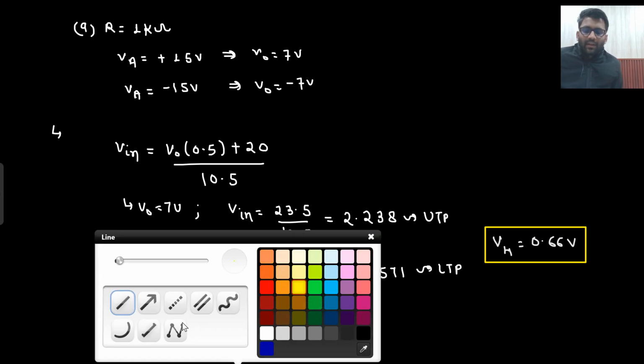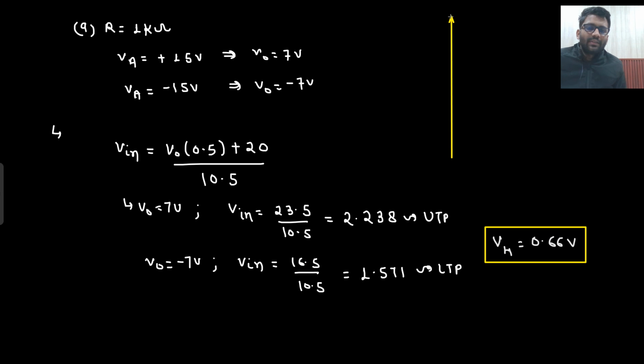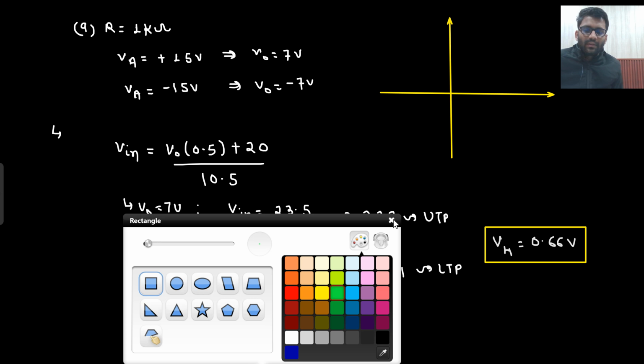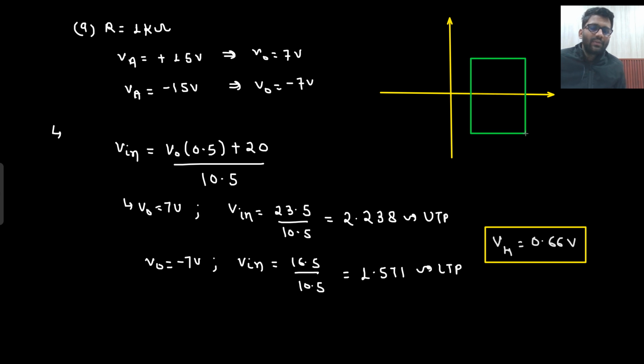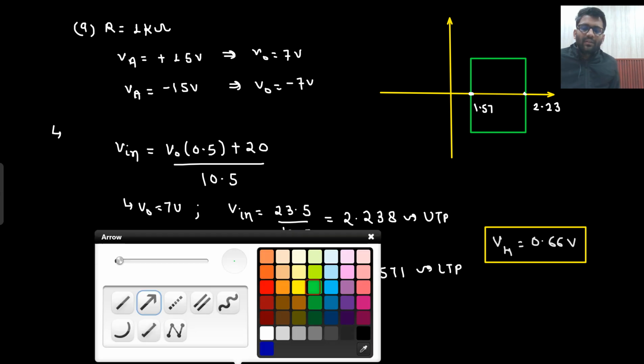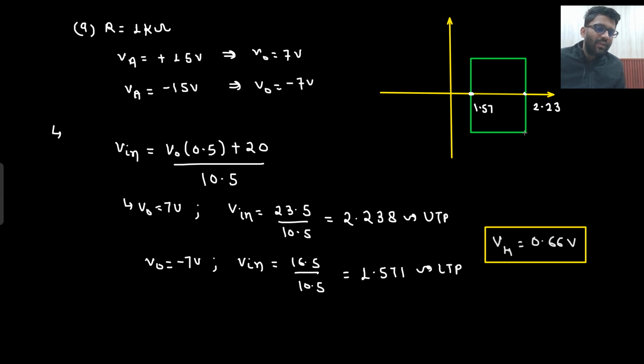Now can I draw the characteristics? Certainly I can draw them very easily. This will result in hysteresis only, so I can draw the hysteresis. I am drawing it like this because both 1.57 and 2.23 are positive. Another thing I know is that for a higher value of Vin you will get a lower output, and for a lower value of Vin you will get a higher output.